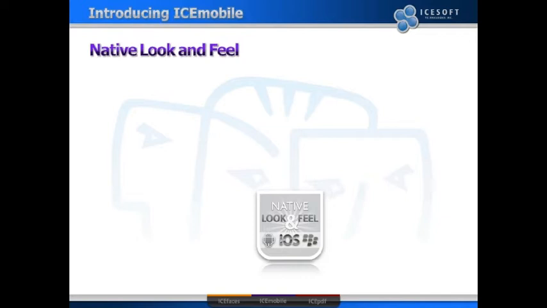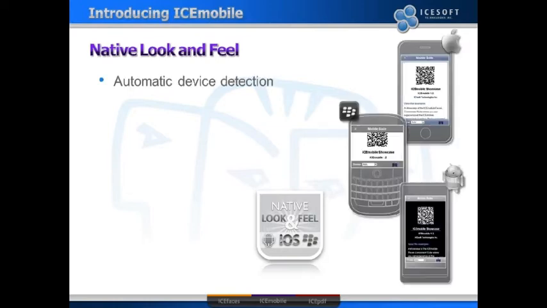Another big feature of ICEmobile is that we try to achieve native look and feel. One of the great features is that it can automatically adapt to the client device. So if you're on iOS or the iPad, there's a particular theme for that, another theme for the iPhone, another theme for BlackBerry, and several themes for Android, whether you're on a tablet or a phone.